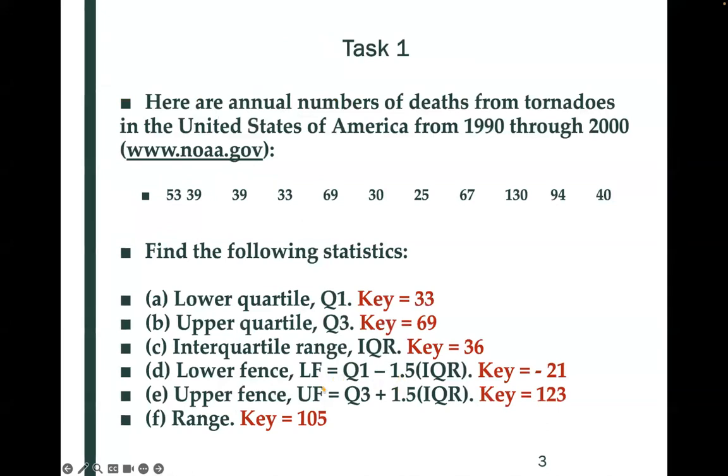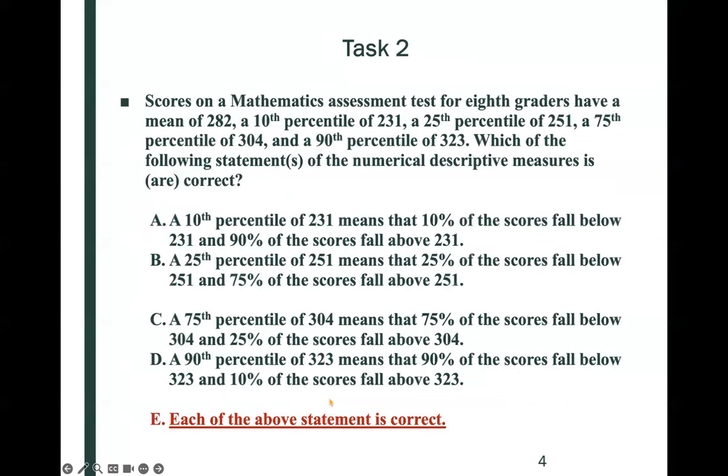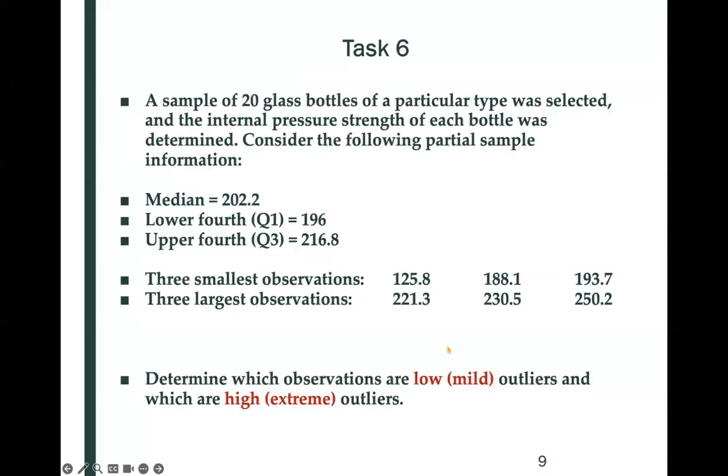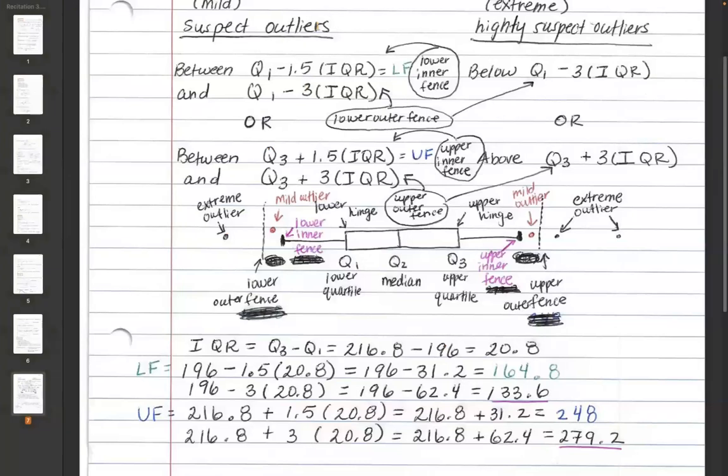So this is actually the lower inner fence and the upper inner fence. I don't want to confuse you. If you recognize this formula, that's because task 1 used it.